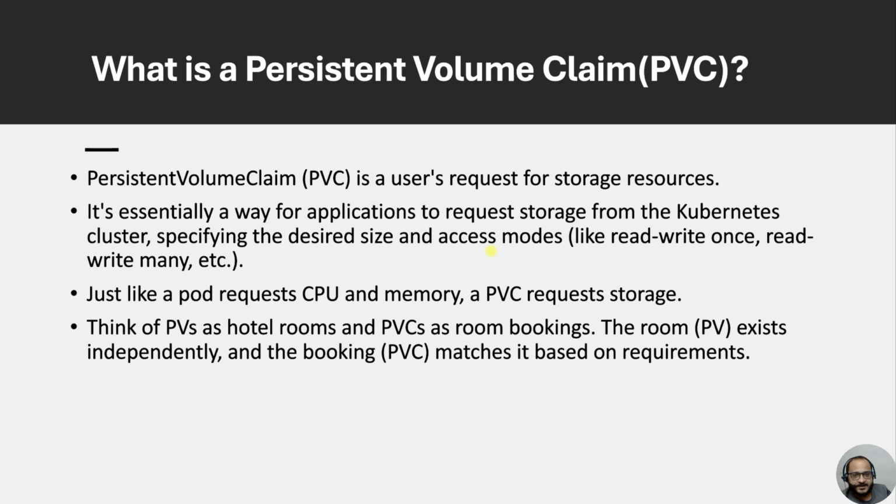Once you define the configuration, Kubernetes matches that configuration with the available persistent volumes in your cluster. If it matches, it will attach the volume to your application. If it doesn't match, then you will see the status in a pending state.